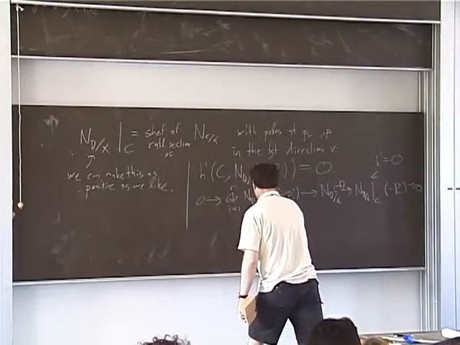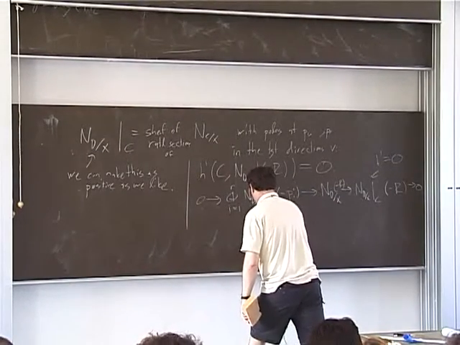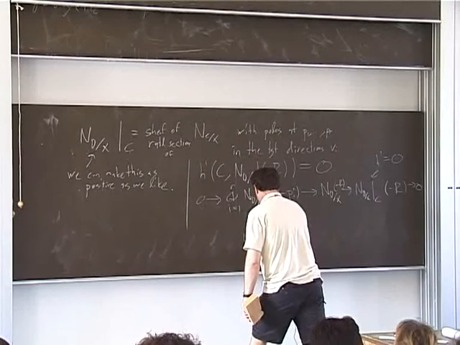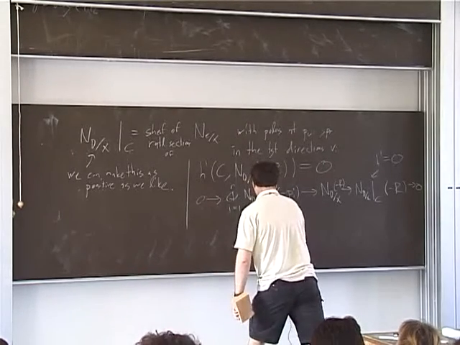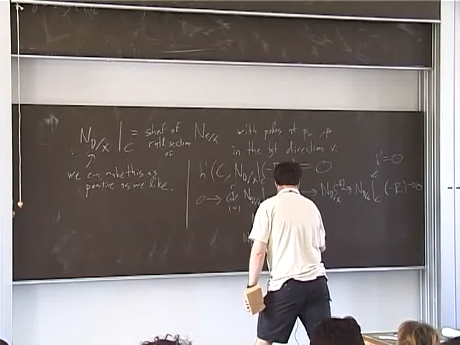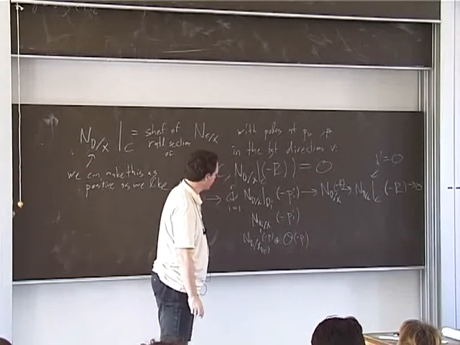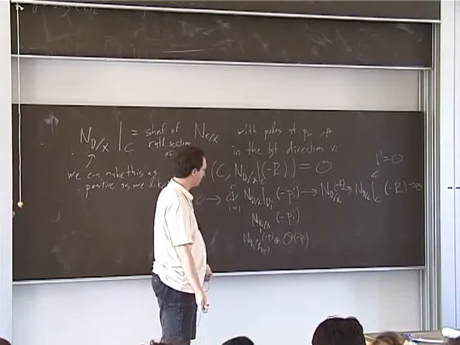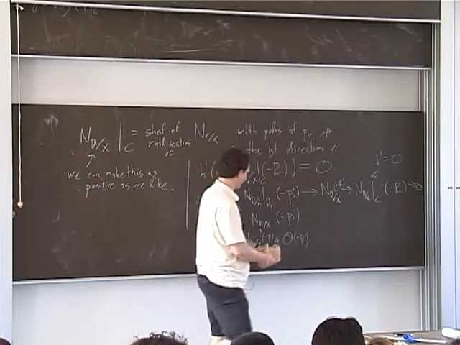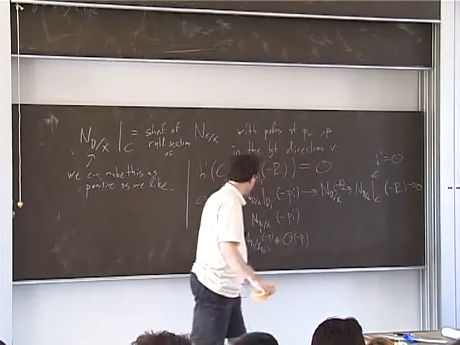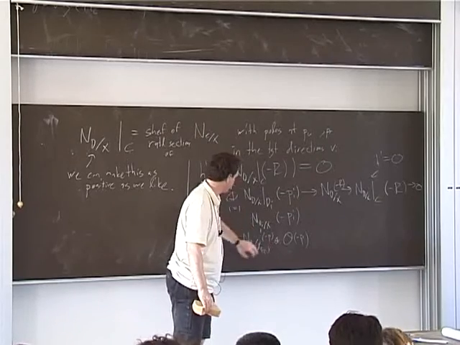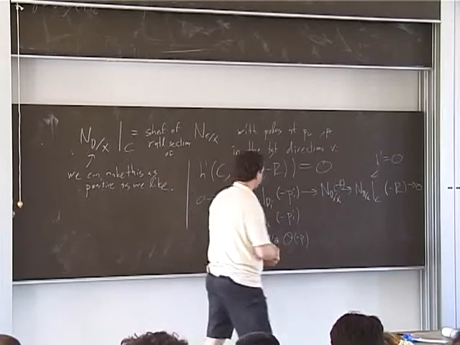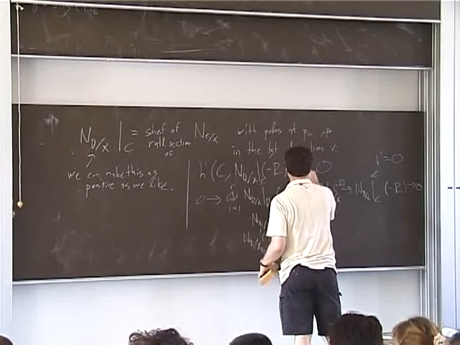This thing is the normal bundle of DI in its fiber, X of F of PI, direct sum a trivial bundle. And now we take that and twist down by P. So this is isomorphic to O of minus 1 on P1. And O of minus 1, even though it's negative, has no H1. So because O of minus 1 has no H1, and this guy was positive, so this is at least globally generated, this also has no H1. So neither of these have H1. So H1 of this is 0 as well.